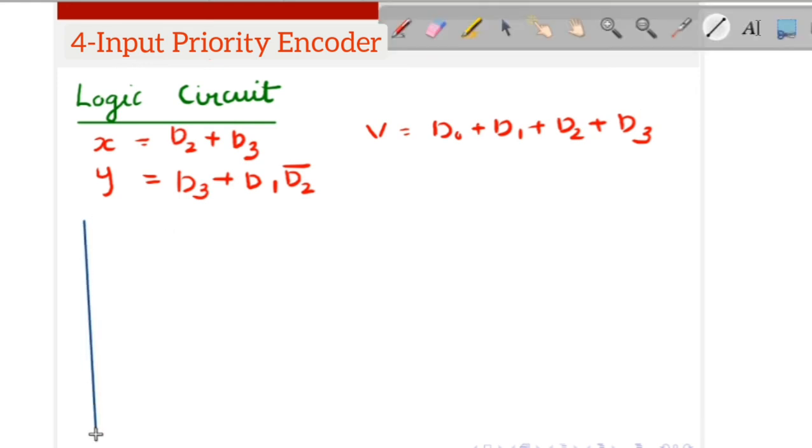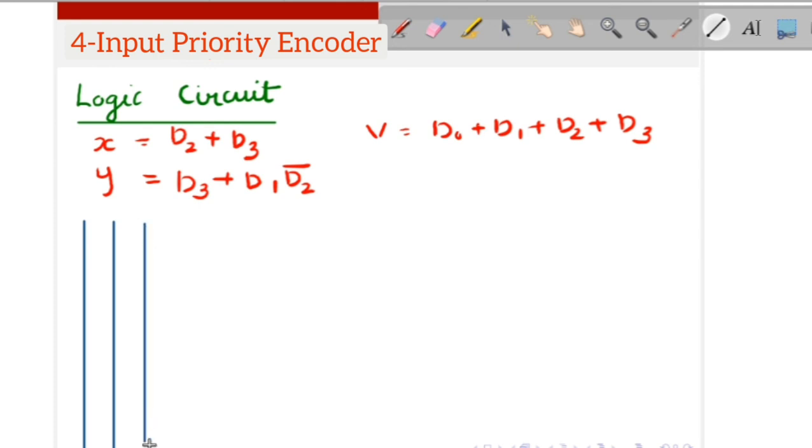So here the inputs are D0, D1, D2, then D2 bar, then D3.